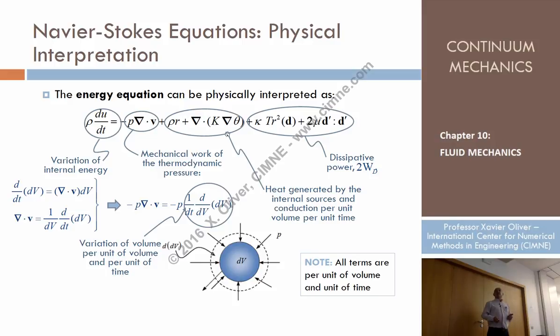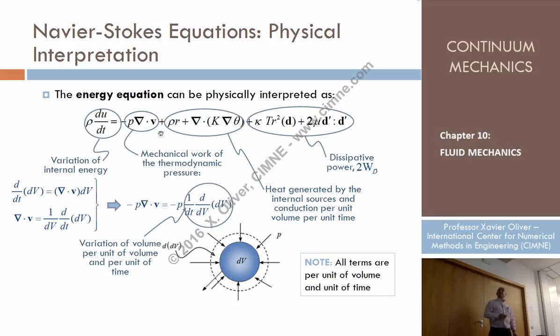Okay? Second, the internal energy also is made of that source, that heat that enters into the body per unit of time, either due to the sources, the chemical reaction or whatever, or due to the heat that the particle receives by conduction from other particles.